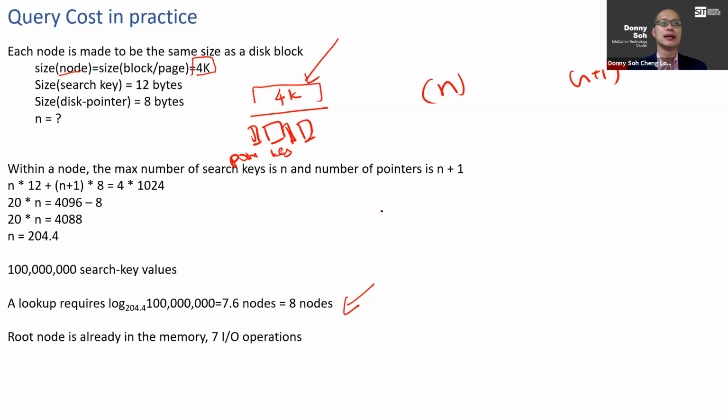So this is the assumption. So what we will do is we will have n number of keys.